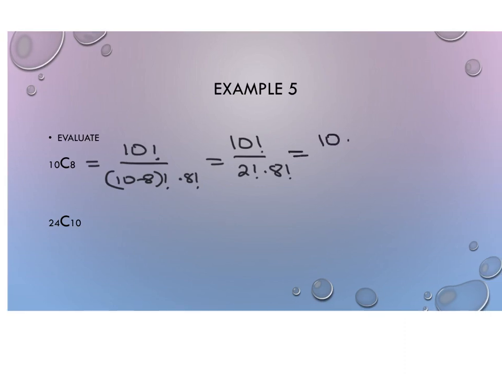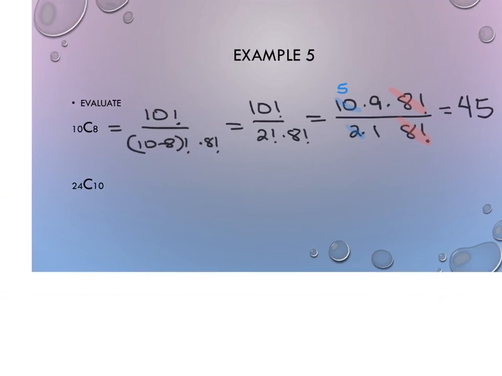I'm going to take the 10 down until I get to 8 factorial, write the 8 factorial underneath, and expand the 2. So again, these are going to simplify. Those will cancel. And then I can also simplify the 2 and the 10 and make that a 5. So my final answer here is 5 times 9, 45 different combinations.